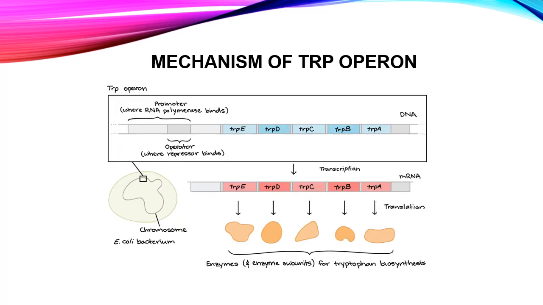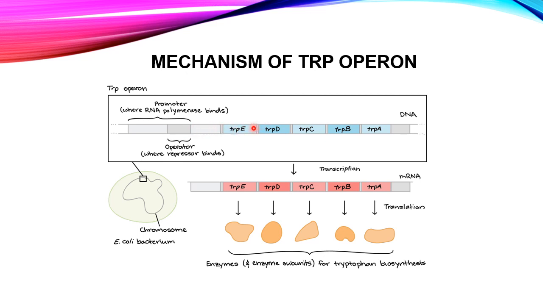Now students, let's consider the normal mechanism of the trp operon model. Here, the tryptophan is absent. So what happens when tryptophan is absent? The RNA polymerase enzyme can directly bind to the promoter region, and it results in the initiation of transcription.